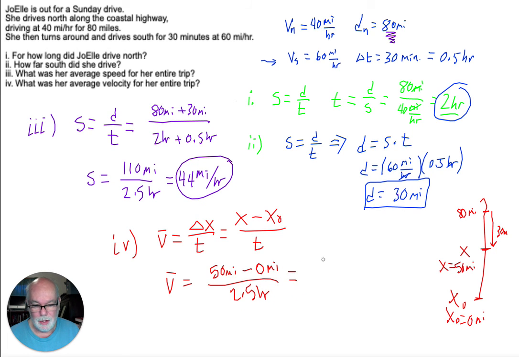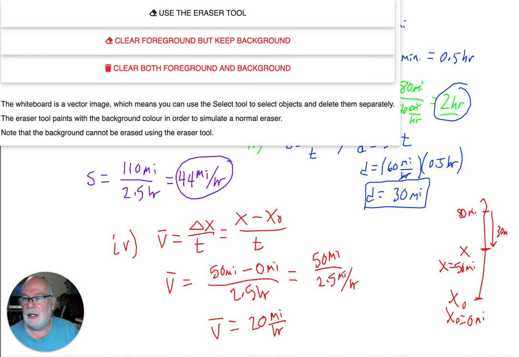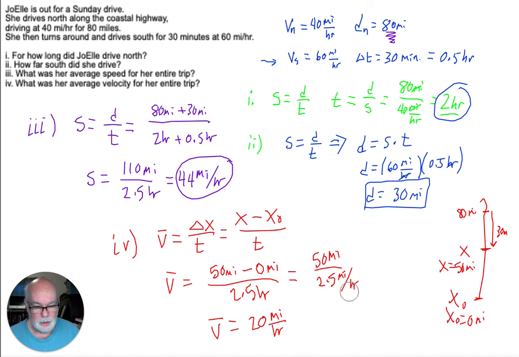If we solve that, you get 50 miles divided by 2.5 hours, and her average velocity for the entire trip is going to be 20 miles per hour. Actually, I put miles per hour there, and that is not the correct unit for this, so I don't want to confuse people with that.